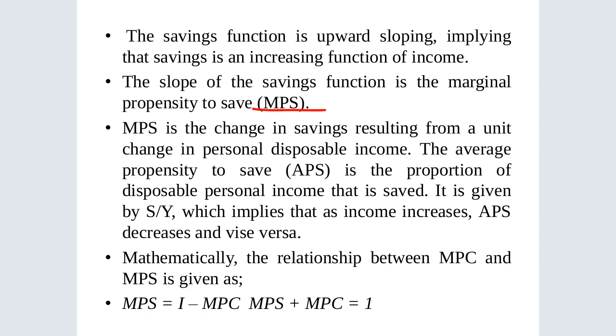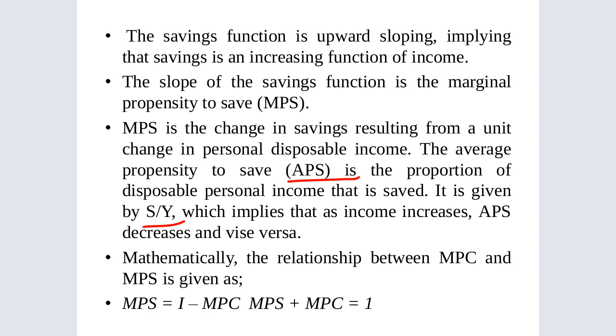And the average propensity to save, that is the APS, is the proportion of disposable income that is saved, which is simply savings over income, which implies that as income increases, savings decreases, and vice versa.